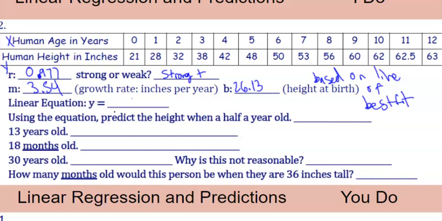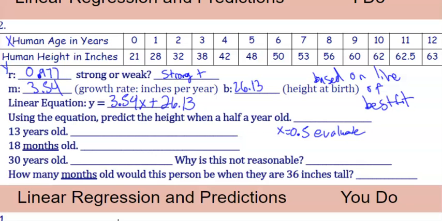So the linear equation y equals mx plus b, so it would be y equals 3.54x plus 26.13. Using this equation, predict the height when a half a year old. So for this, x is going to equal 0.5. So we will evaluate.